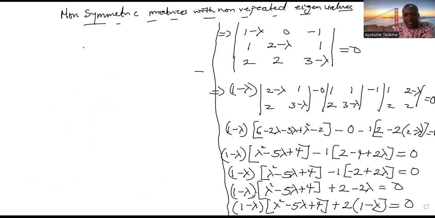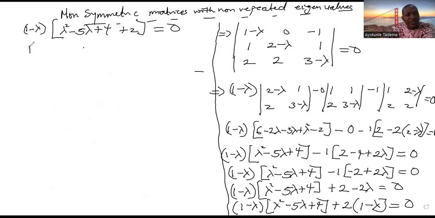From this side, we see that 1 minus lambda is common to both parts. What will remain here? We have lambda squared minus 5 lambda plus 6 left. What about this side? We'll be left with plus 2. Close bracket. Everything equals 0, and here we have A multiplied by B equals 0.